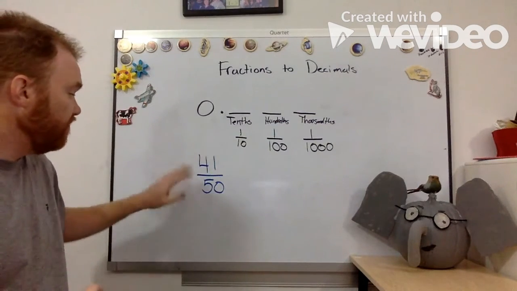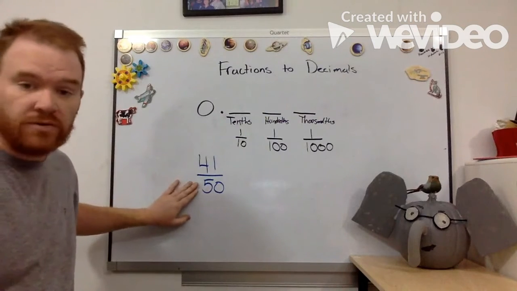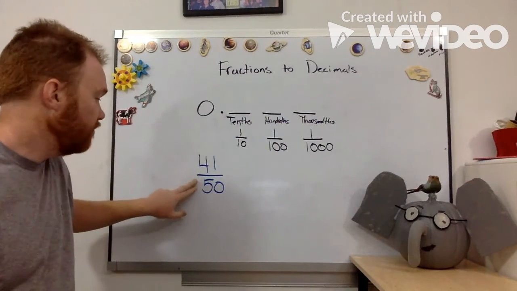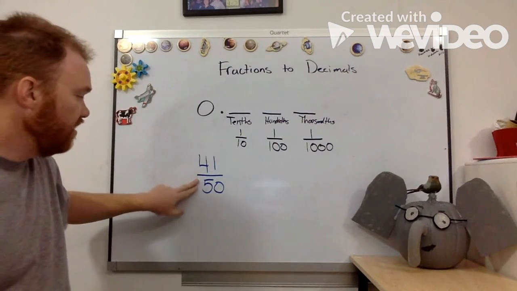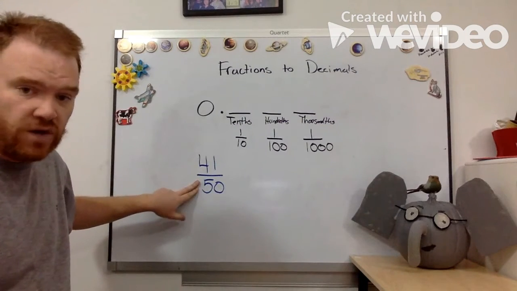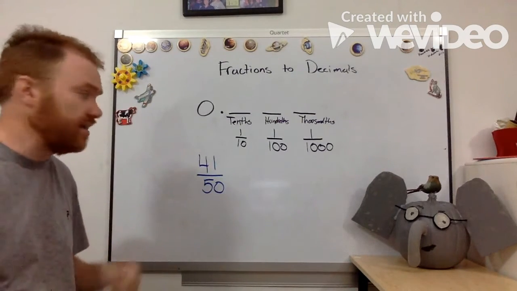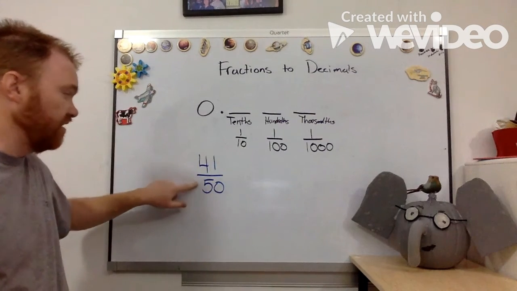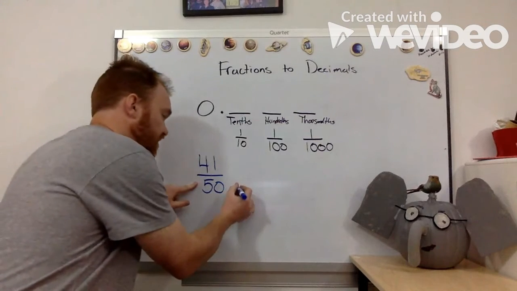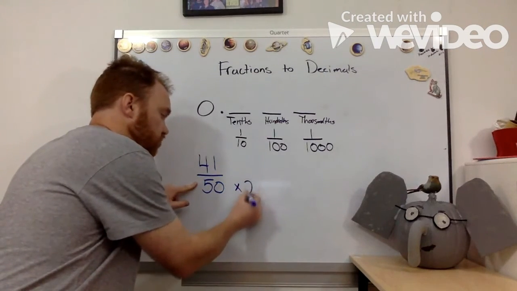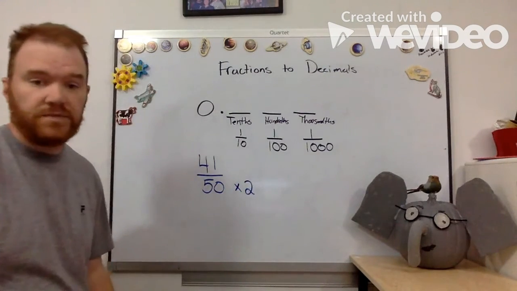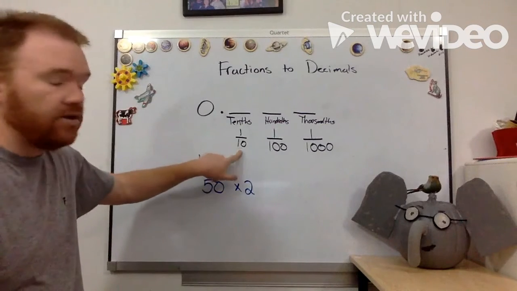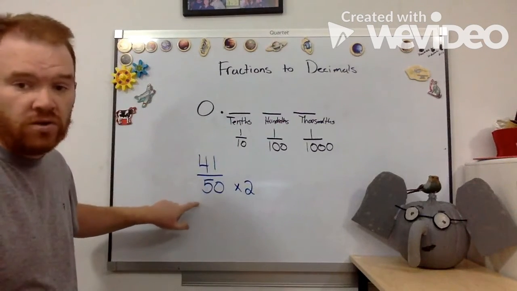First, I look at my denominator, 50, and ask myself, can I turn 50 into 100? I can, because I know that 50 times 2 is 100. I'm not ever going to go less than this.